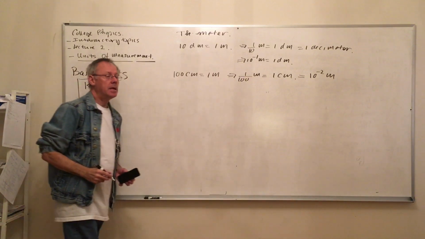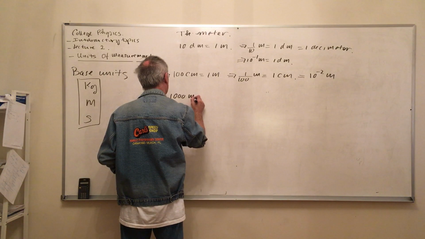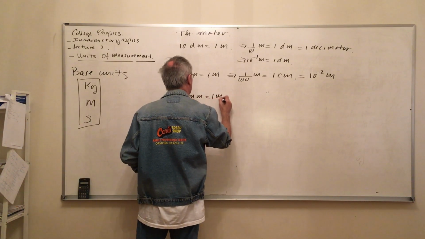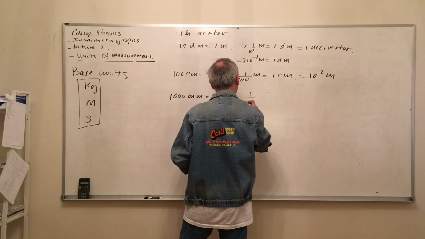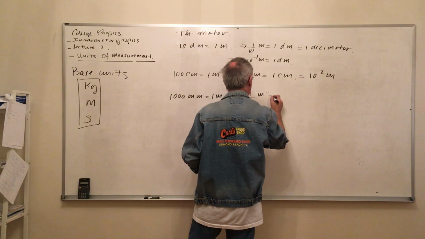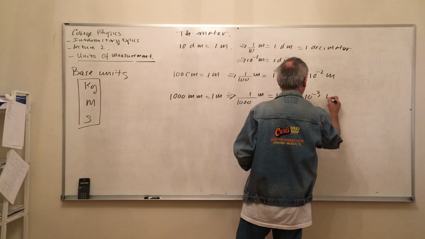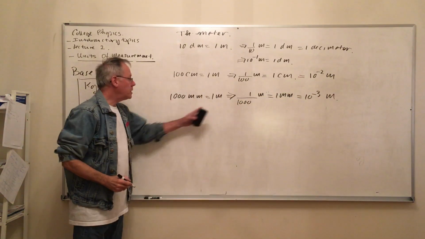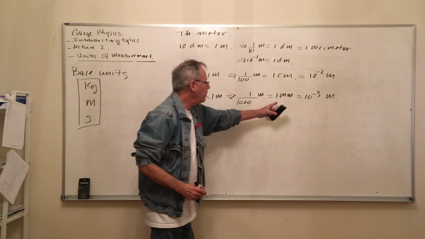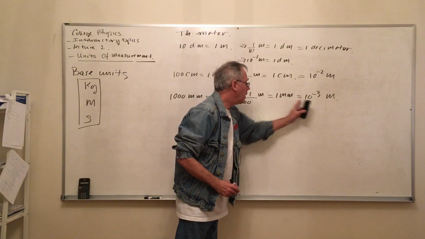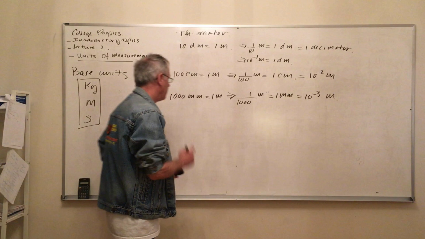We can also write that as 10 to the power of minus 2 meters. 1,000 millimeters is 1 meter. 1 millimeter is 1/1,000 of a meter, or 10 to the power of minus 3 meters.